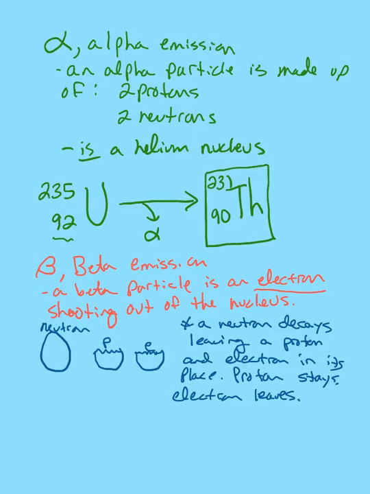Okay, so let's continue with thorium. So if we have thorium-231, atomic number 90, and we go through a beta emission, stop for a second and see if you can figure out what it would turn into.